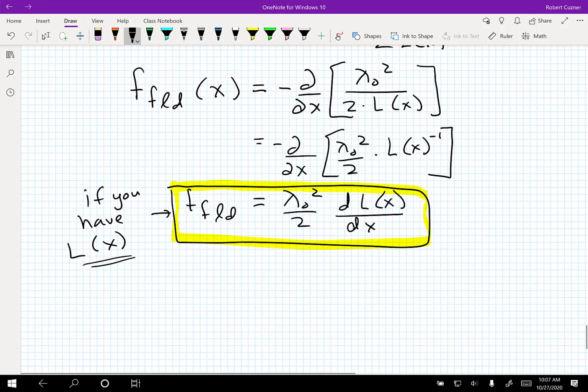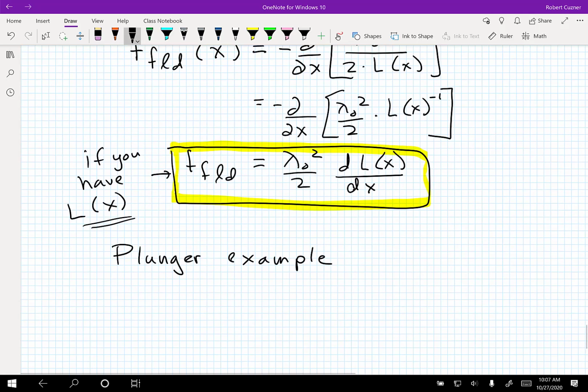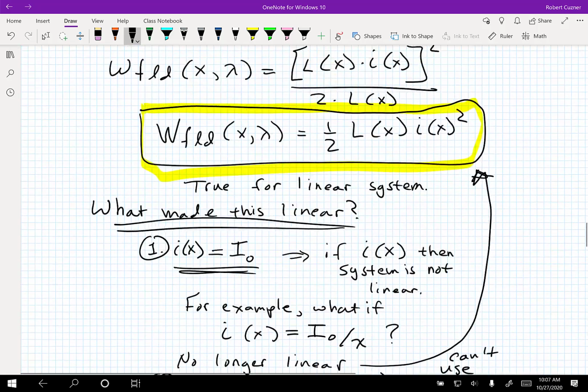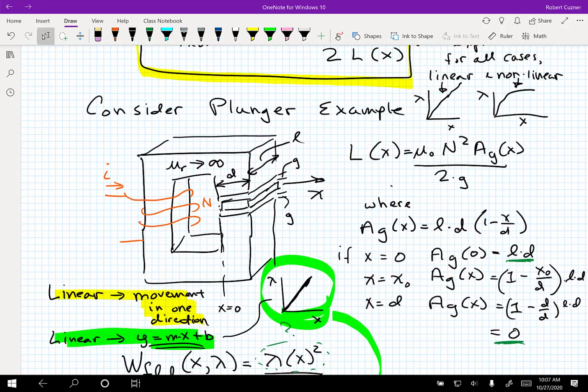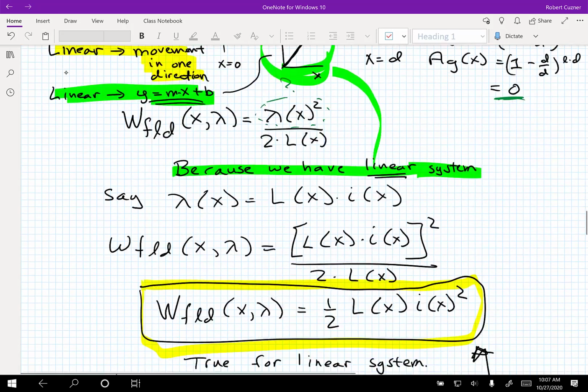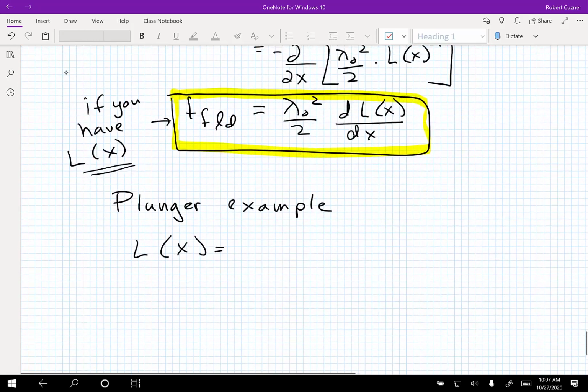So if we go back to our plunger example, we have an L of x in that plunger example, right? If we go back up to that example, it was this expression right here. So let's just use that, take the derivative of that, and we can find the force.